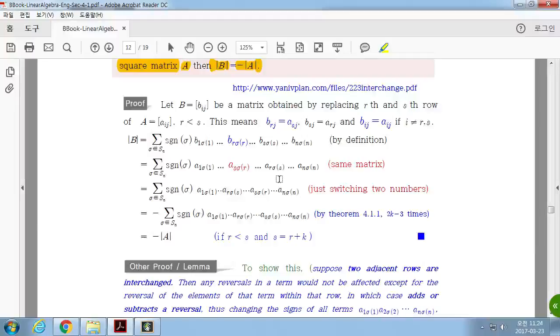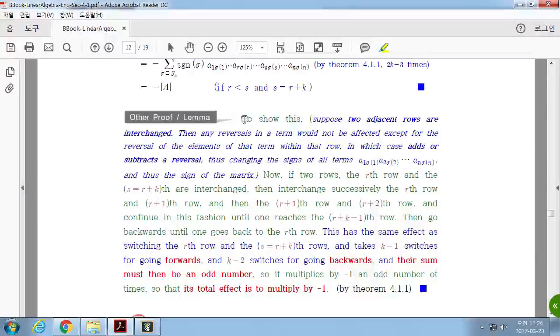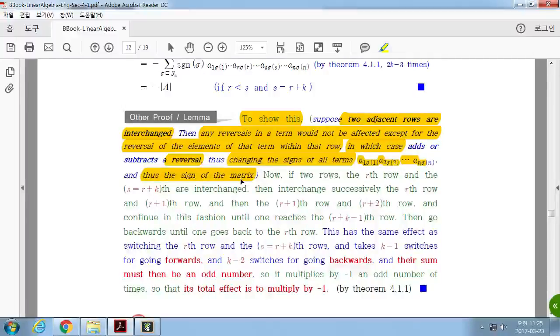I will start with the explanation first. In order to show this, suppose 2 adjacent rows are interchanged. If you switch 2 adjacent rows, then any reversals in terms would not be affected except for the reversal of the elements of that term within those 2 rows, in which case it adds or subtracts a reversal, thus changing the signs of all terms and thus the sign of the determinant.